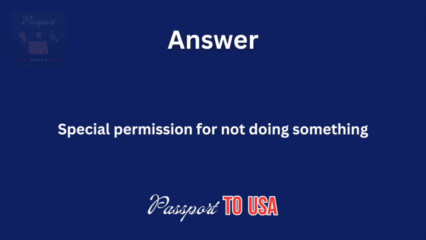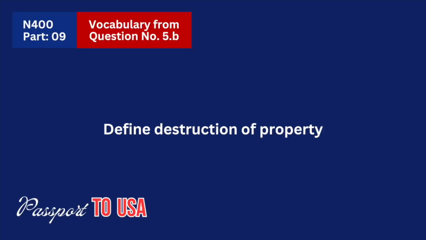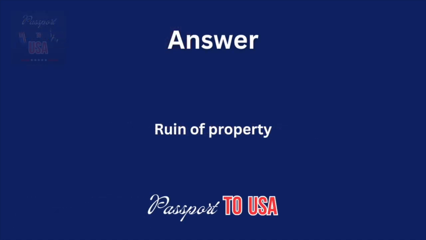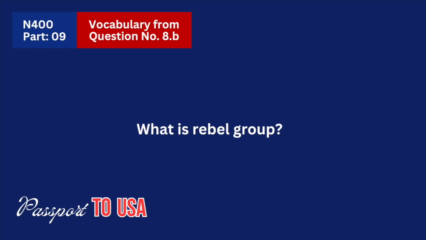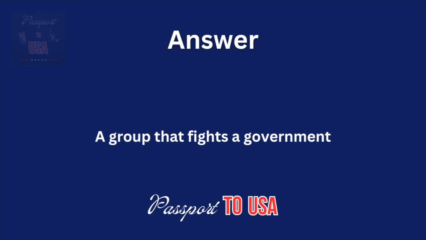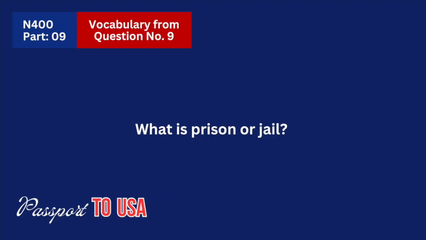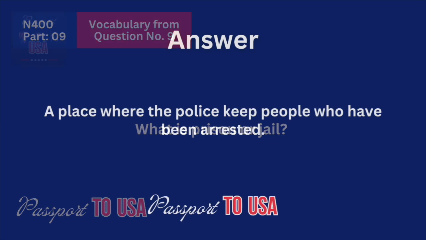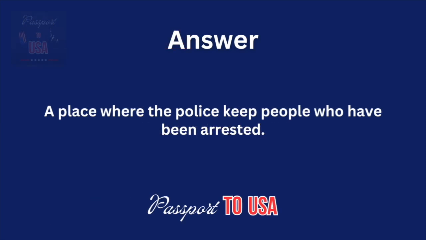Special permission for not doing something. Define destruction of property. Ruin of property. What is rebel group? A group that fights a government. What is prison or jail? A place where the police keep people who have been arrested.